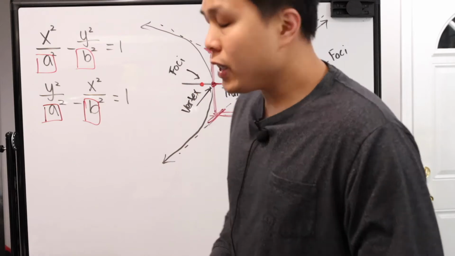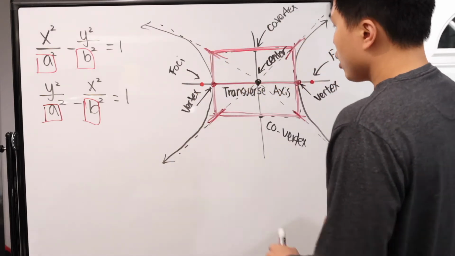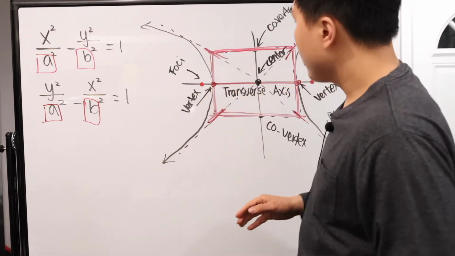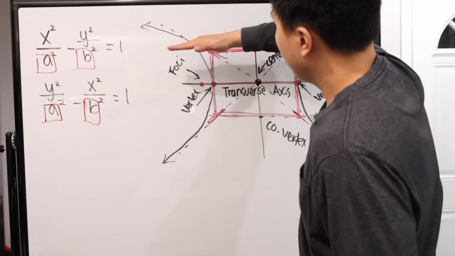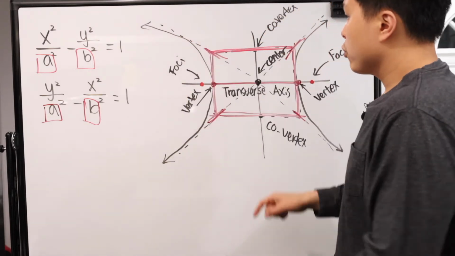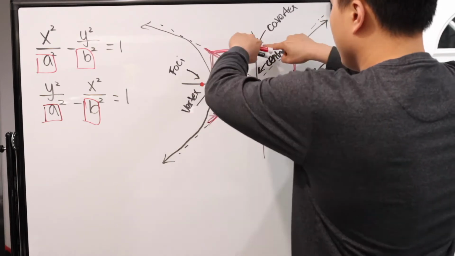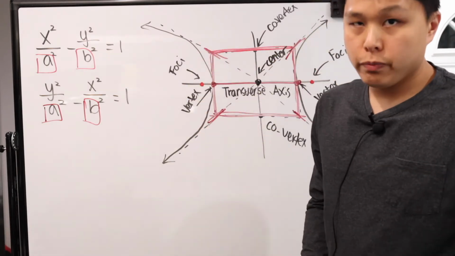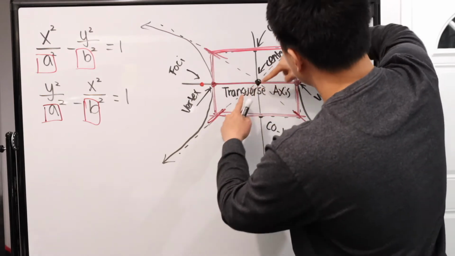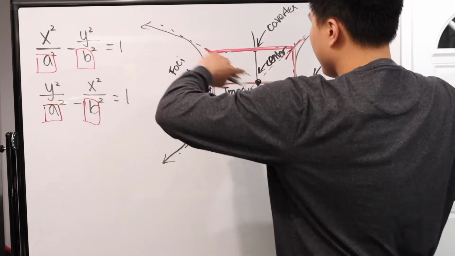But that's actually what we need, because guess what? With the vertex and the co-vertex, you have enough information. Make sure you draw your horizontal lines all the way through and your vertical lines all the way through. They intersect and they become this sort of rectangle, right? That's what we need. And with that rectangle, when we draw lines on the diagonal, that gives us our asymptote.